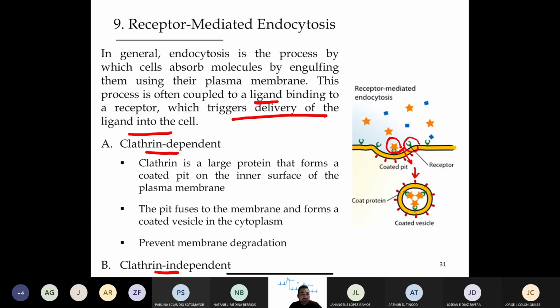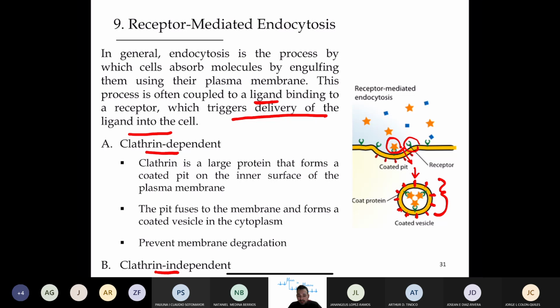Clathrin is a large protein that forms a coated pit on the inner surface of the plasma membrane. The pit fuses to the membrane and forms a coated vesicle. So this essentially is a depiction of the vesicle, and you have the red little indicators here that are supposed to represent clathrin as a protein that's coating the outside.